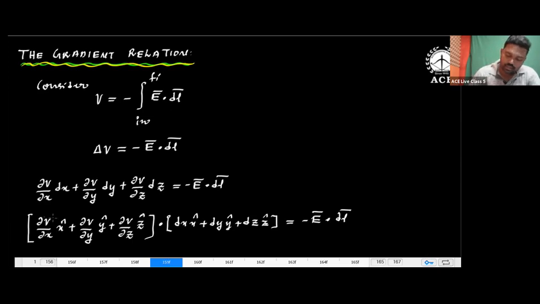What is this one, beta? This entire thing is nothing but a differential length dl. So I can suppress the dl on both sides. I can remove this one here and this one here.